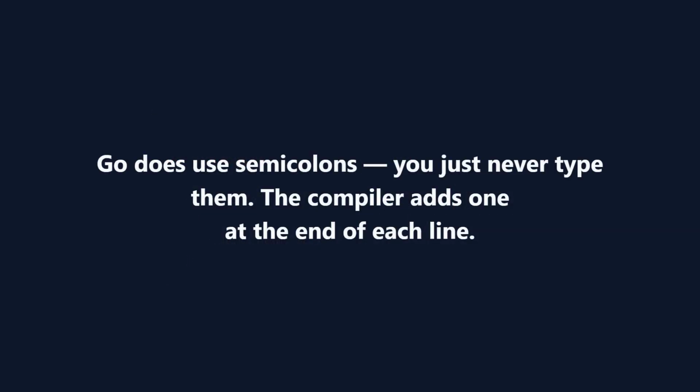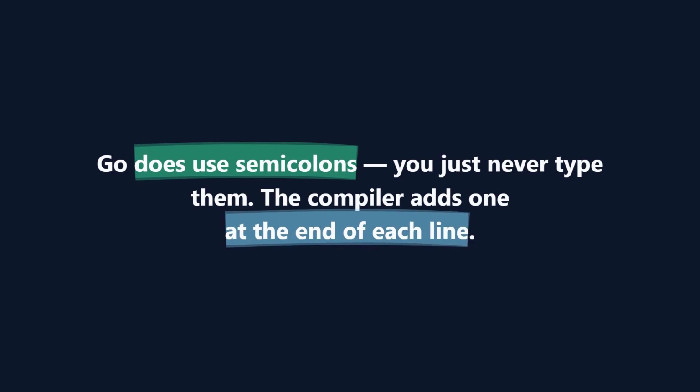So why does moving one brace break the whole program? Here is the reason. Go does use semicolons to end its statements. You have simply never had to type one. The compiler puts them in for you, automatically, as it reads your file. And the rule it follows is simple. At the end of each line, if that line looks finished, it adds a semicolon.